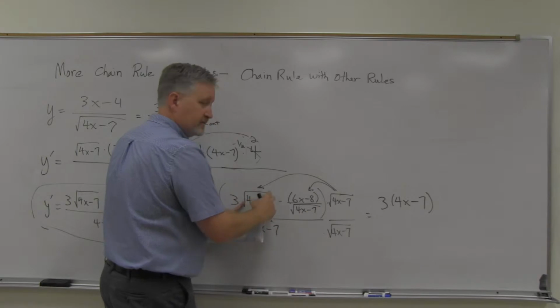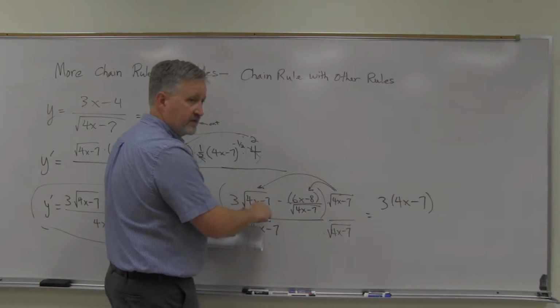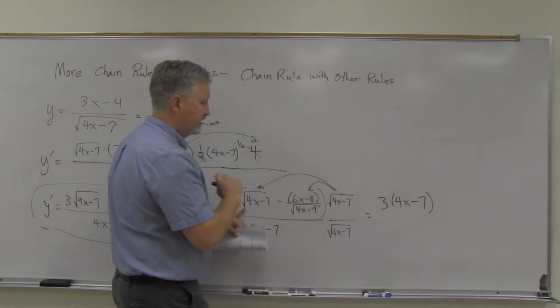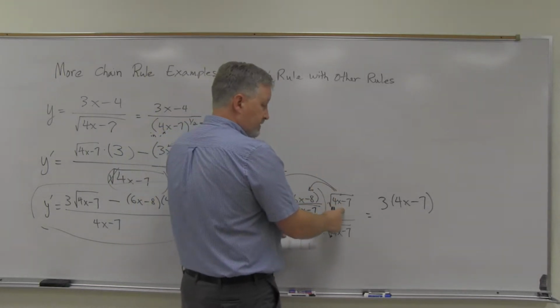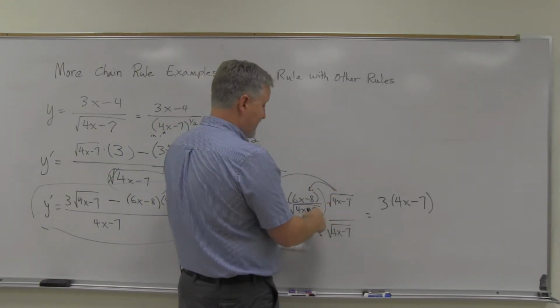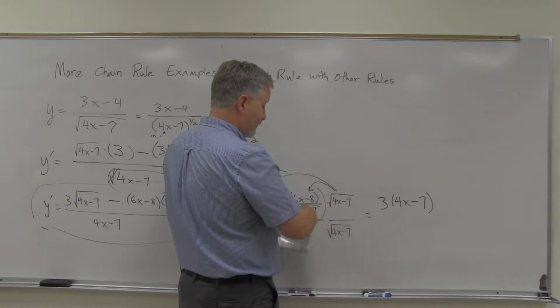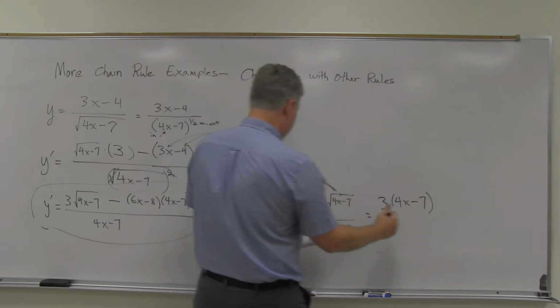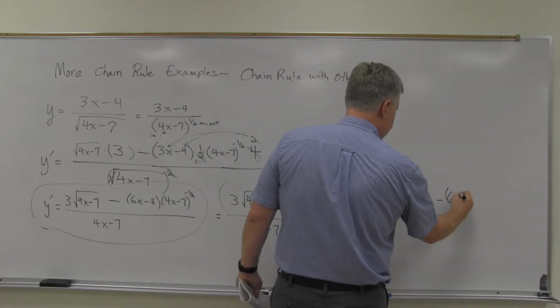This times this gives me 3 times just the 4x minus 7 without the square root, because the square roots cancel each other out. Here, the square roots actually cancel out. So the 4x minus 7 square root's gone away completely. So it's just minus 6x minus 8.